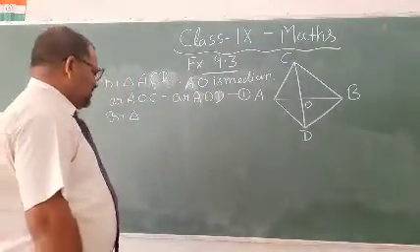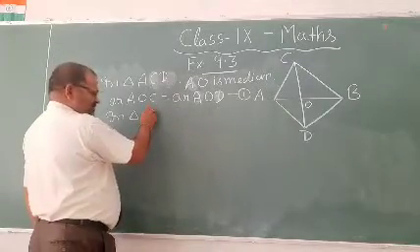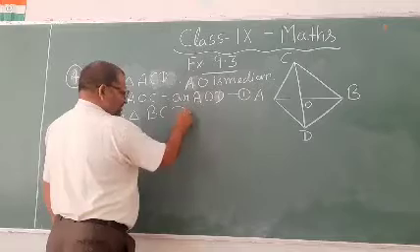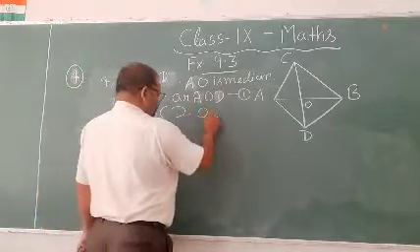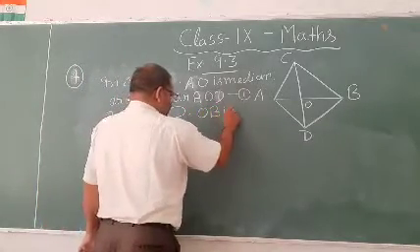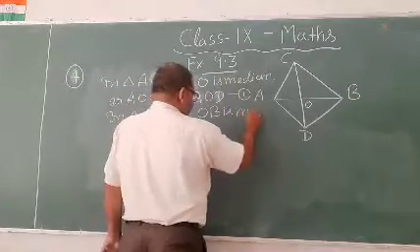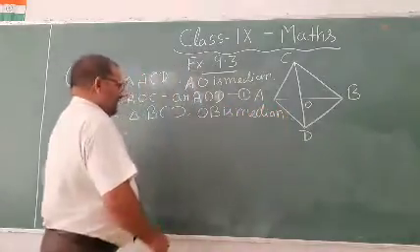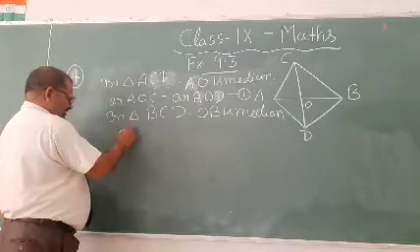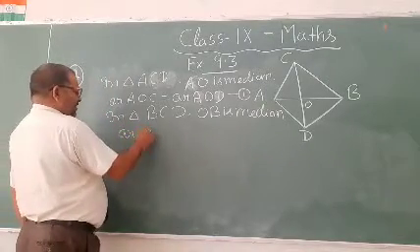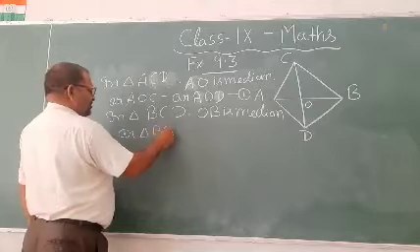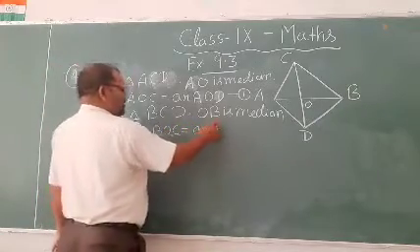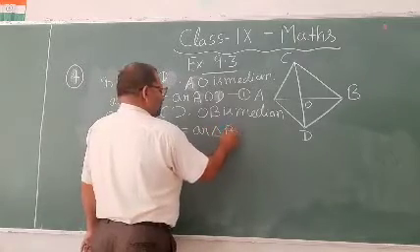Clear? In triangle BCD, OB is the median. Then the area of triangle BOC is equal to the area of triangle BOD.